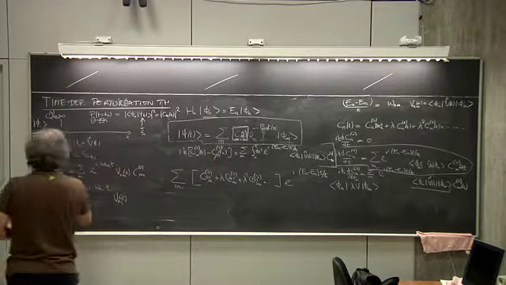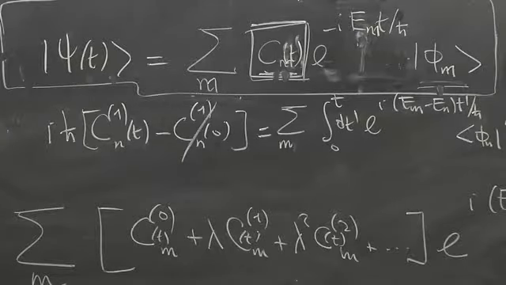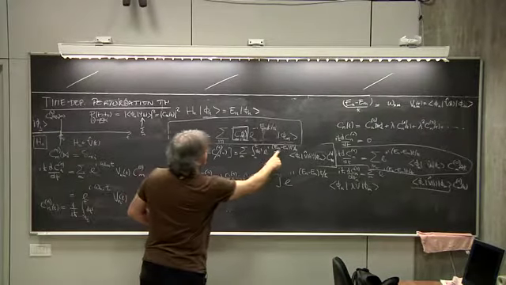So let me write the expression. Solution of this is that C1 for state number n at time t would be equal to 1 over i h bar, coming from this i h bar in front. Then I have the integral from t0 to t in the t prime of here.